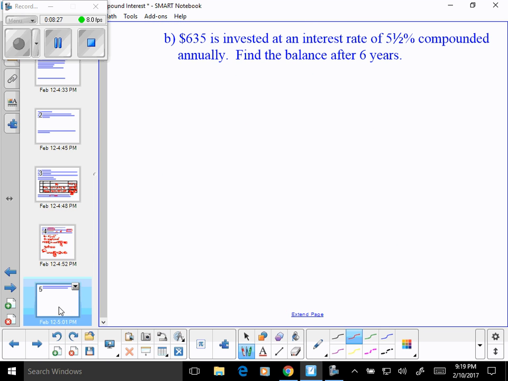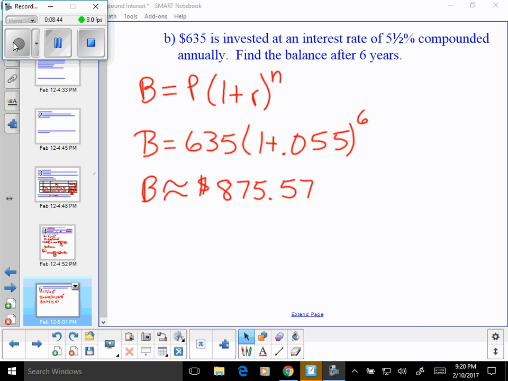Let's move on to example B, and here it comes, folks. Hit pause. You do the problem. Seriously, you do the problem. Don't just copy it. And then I'll go over the answer. Your final balance should be $875.57.